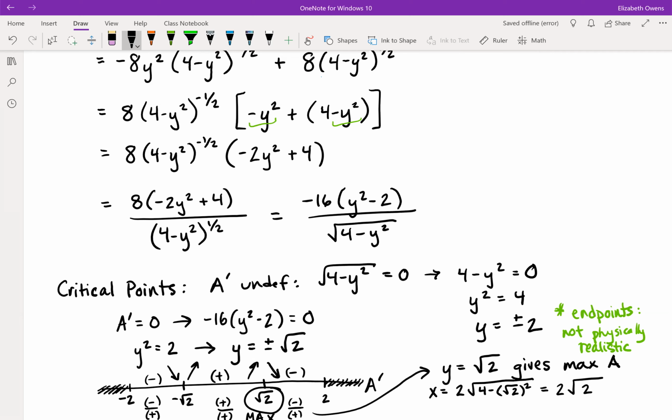So 2 root 2 for the x. For our overall dimensions of the rectangle, it's going to be 2x by 2y. So 2x would be 2 times 2 root 2, so 2x is 4 root 2, and then 2y would be 2 root 2. And that is going to be our final answer for this maximum area rectangle.